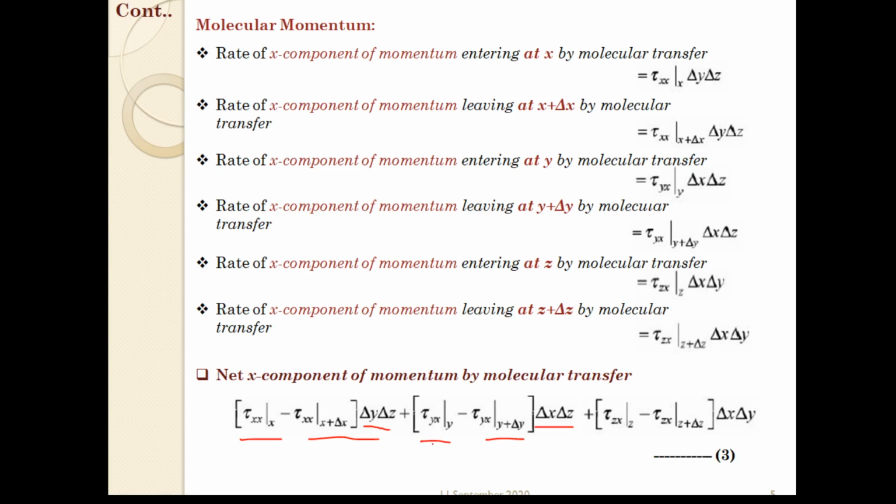This one is in, this one is out, and at z it is in, at z plus del z it is out, through the del x del y area. Okay, so for the x component of momentum by molecular transport or the conductive transport, we have this equation.